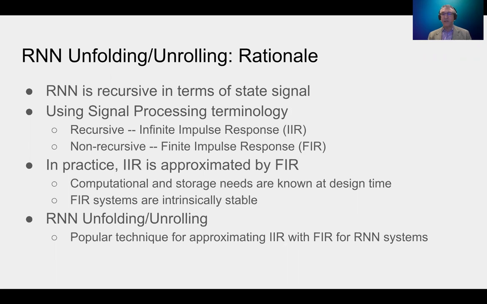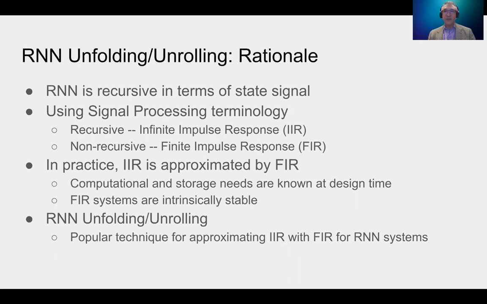Using the signal processing terminology, it exhibits infinite impulse response. The solution is to unfold or unroll the recurrent neural network to a finite number of steps. As the name implies, this sequence will exhibit a finite impulse response.